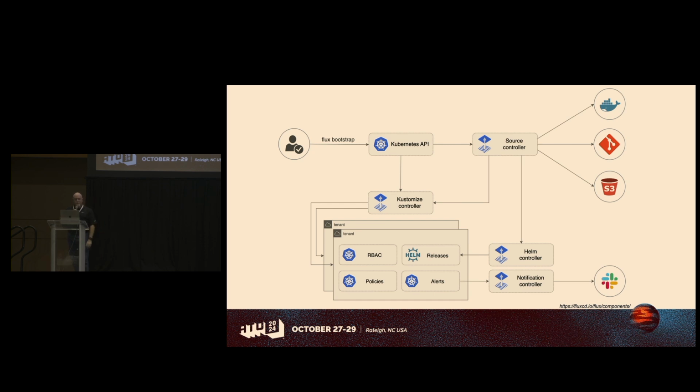So the source controller then talks to the kustomize controller, and that really just sets up a bunch of manifests to know how to patch things into your Kubernetes cluster. That could be, like I said in the diagram, RBAC policies. It could be volumes, persistent volumes, whatever.